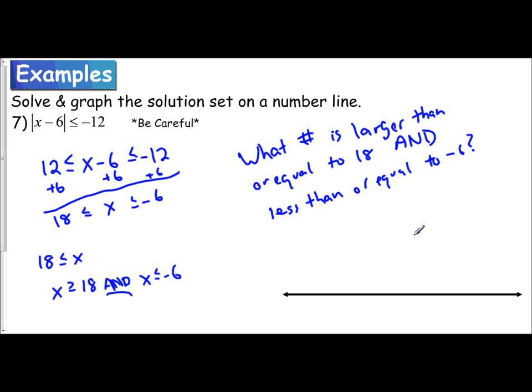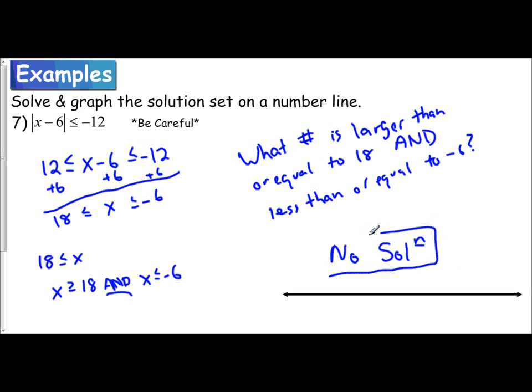Is there a number that fits there? Can a number be at the same time larger than 18 and less than negative 6? And the answer is no. No number fits those characteristics. Really, this problem is a no solution problem.